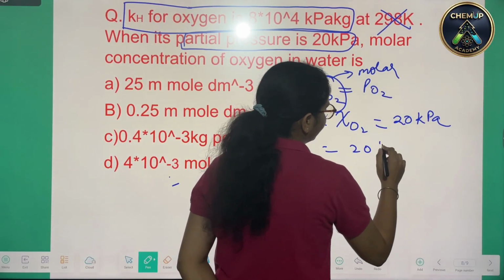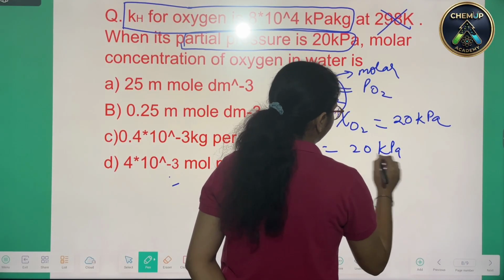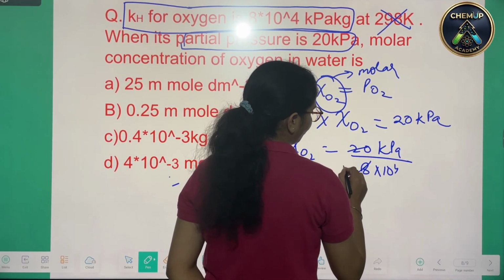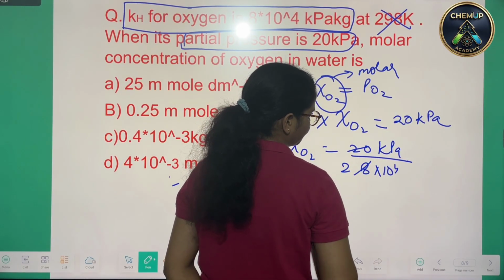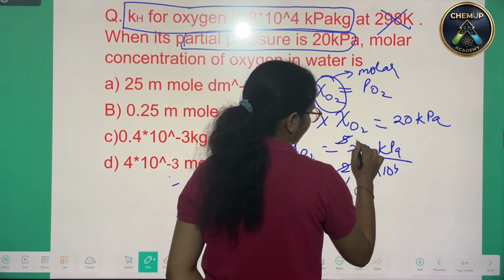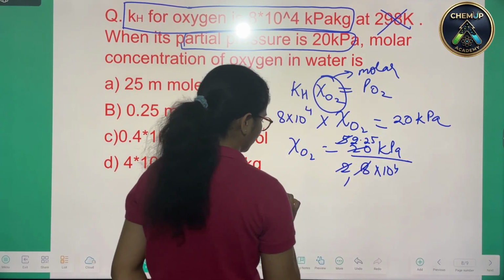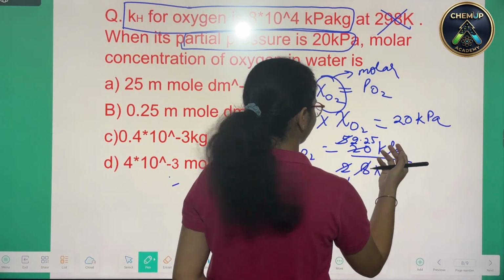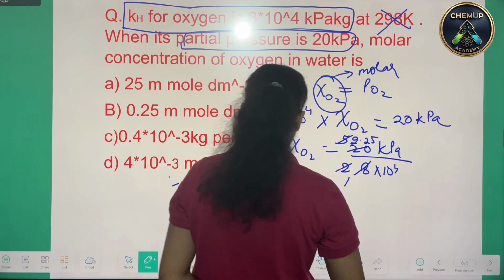XO2 we have 20 kPa upon 8 10 to the power 4. So it will go by 2 and by 5. So it will become 2.25. XO2 will give me not 2.25, it will give me just 2.5.